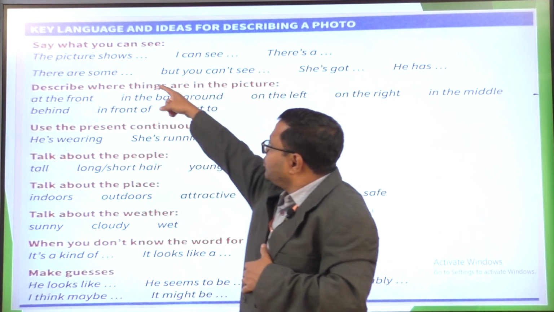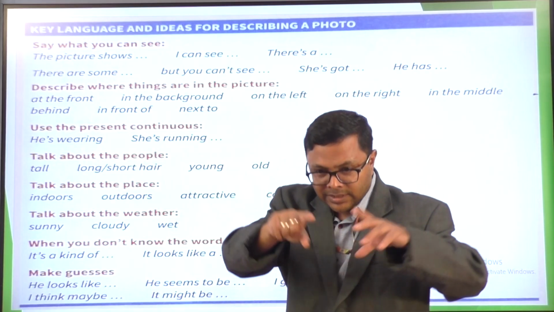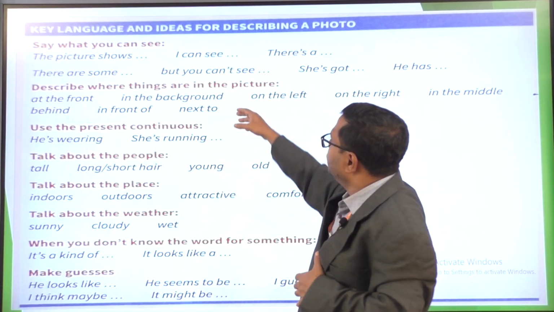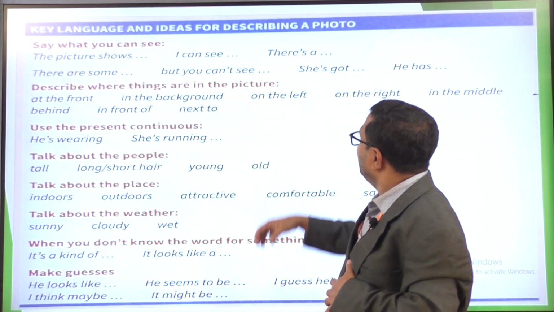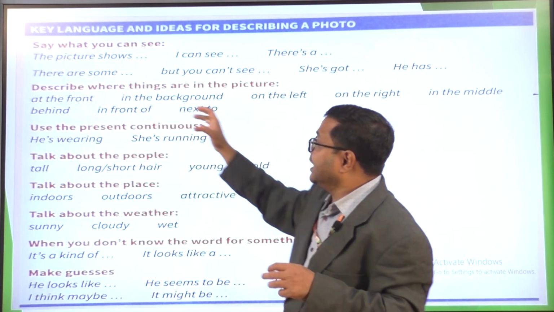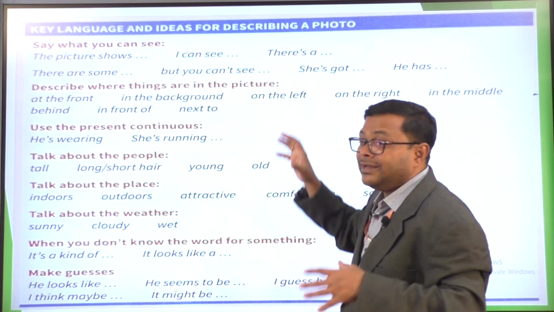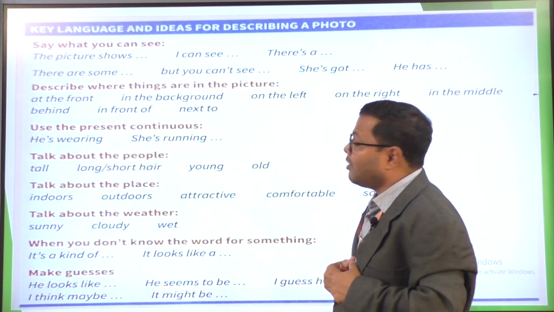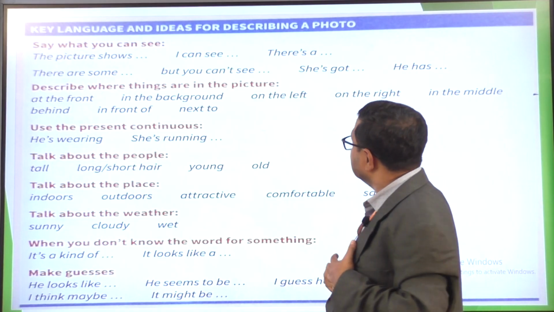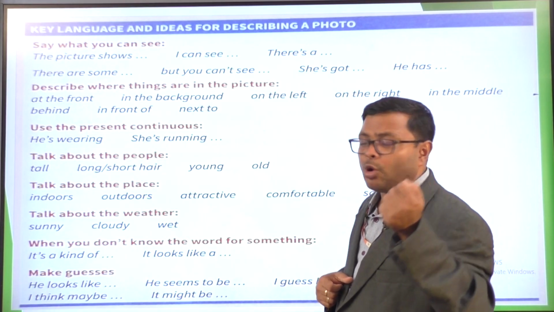So, you can start with "the picture shows", that general thing. Then "I can see", or "there are so many things", or "there are some of these things", but also "you cannot see"; "she has got", "he has got".